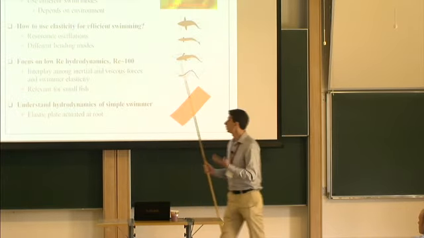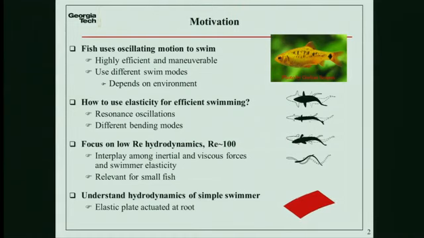Okay, so essentially the motivation for us is we want to understand what happens with swimmers which in a sense mimic a fish, right? So fish, we know they are very efficient, they swim fast, they use very efficient modes of swimming, which this picture shows: different modes of fish swimming that go from essentially the differences in the way the wave propagates through the body of a fish, and this is the faster swimmer going up, so this is the faster, this is slow.